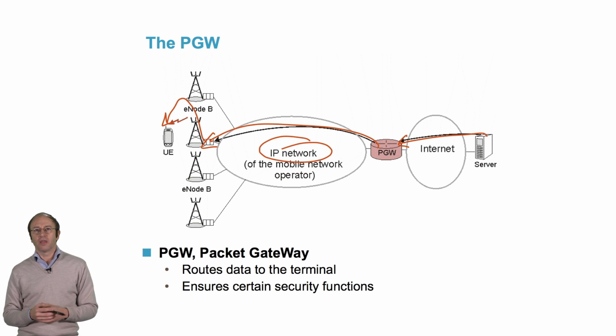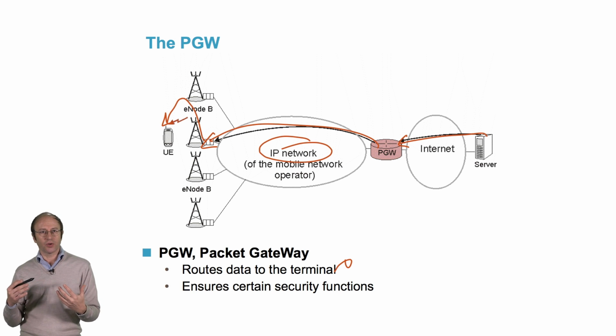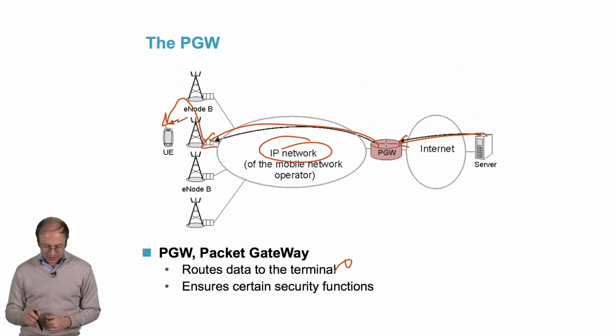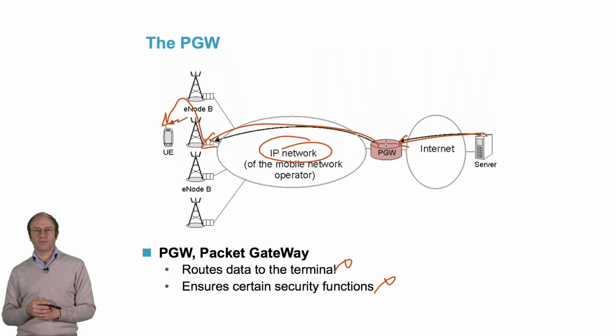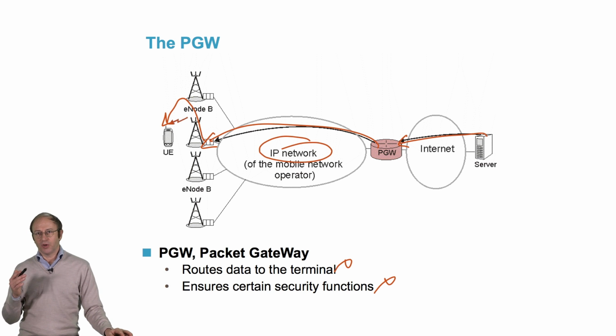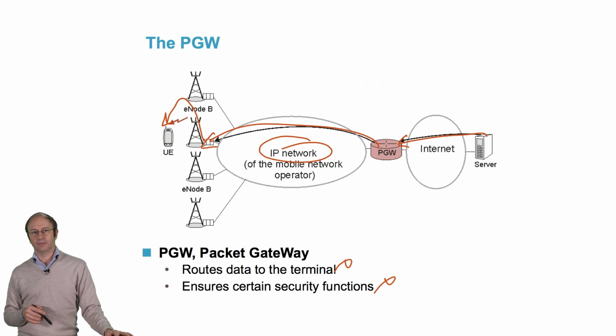So, the function of the P gateway is to route data to the terminal and also to take care of a certain number of security functions. It's a gateway and it must be protected against attacks from outside.